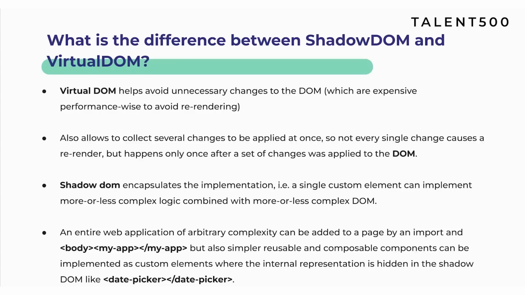And not just complex components, you can even create simpler reusable and composable components like a date picker. You can create them as custom elements where the internal representation will be hidden in the ShadowDOM, and you can use them by just an import in any page that you have. So I hope you understand the difference between ShadowDOM and VirtualDOM.